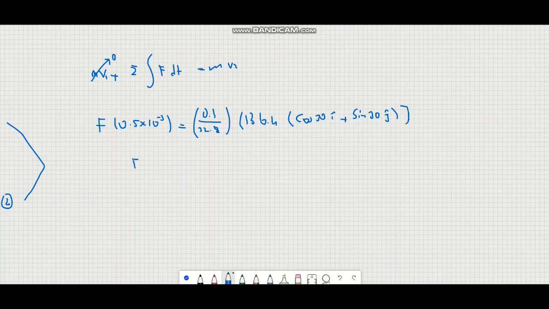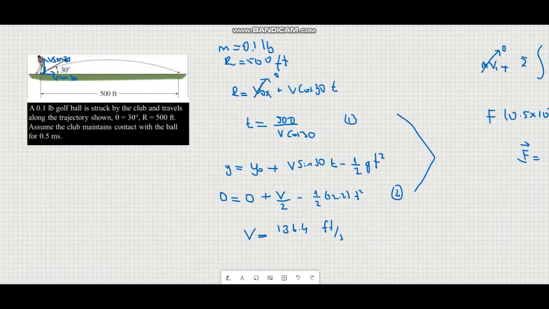So if we do these calculations, we can find F is equal to 735 I plus 424 J, and the unit of this force is going to be pound. Alright, we solved this question and we found how much the external force acting on this ball is and what the velocity of this ball is after this impulse.